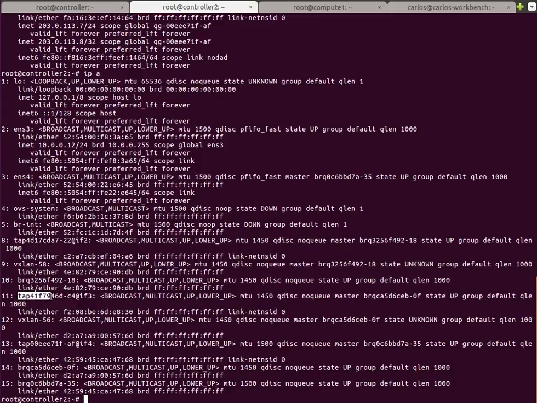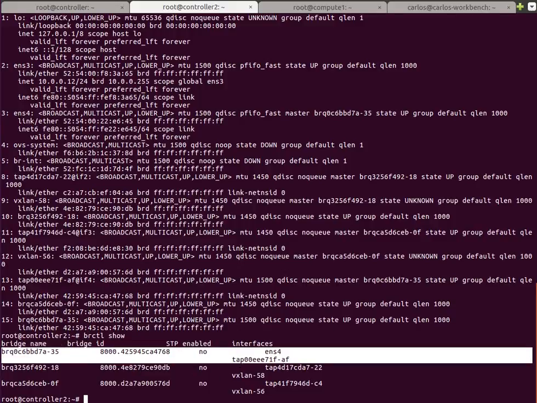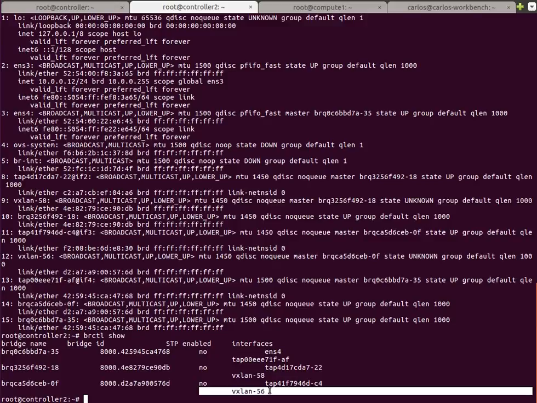Tap 41F7 and tap 00EE. Where are these interfaces connected to? This is the part where Linux Bridge kicks in. So one interface in the external network, which also has the actual physical NIC that's connected to the outside world, and another tap interface, in this case tap 41F7, connected to the internal network for that tenant.